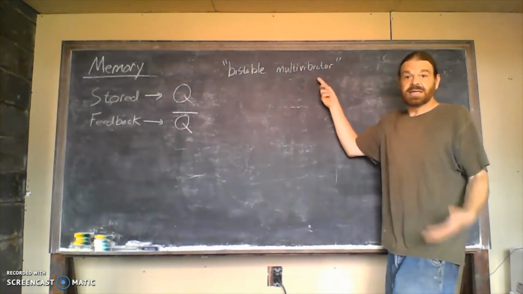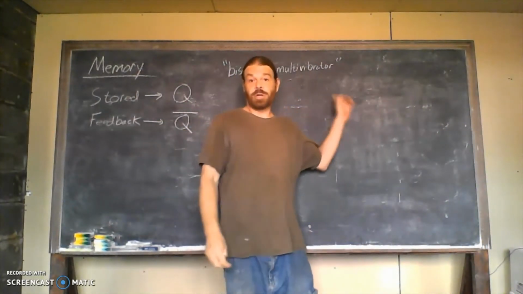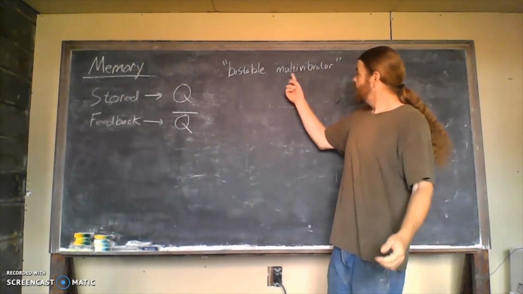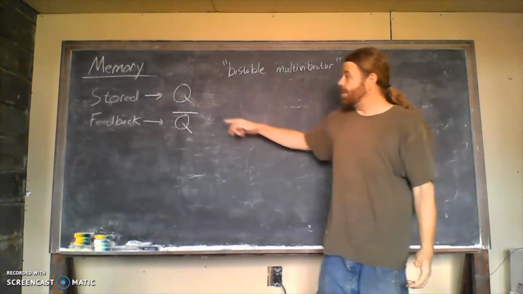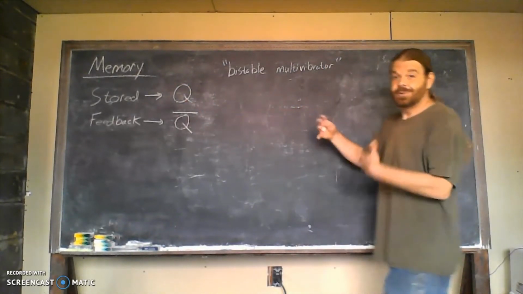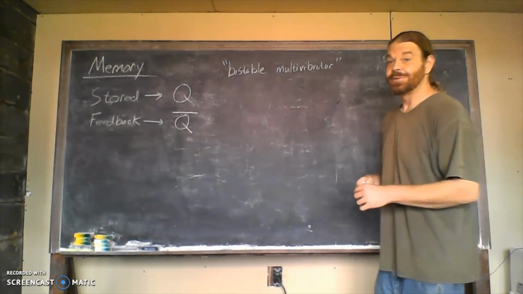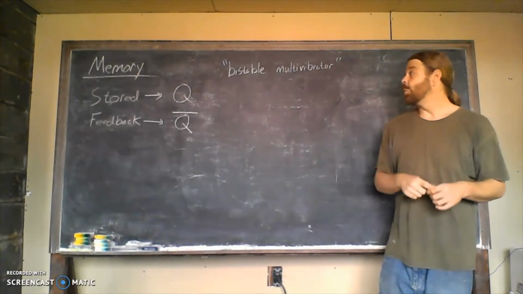So vibration is controlled oscillation, oscillation going back and forth. When we control it, we call it vibration. Multi-vibrator because we can access both of them. And bistable because it's stable. It holds a Q and it holds the not Q. They're stable inside the piece, and we can access them whenever we want to.